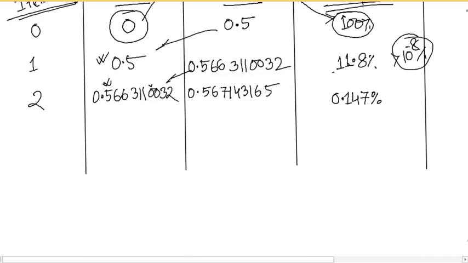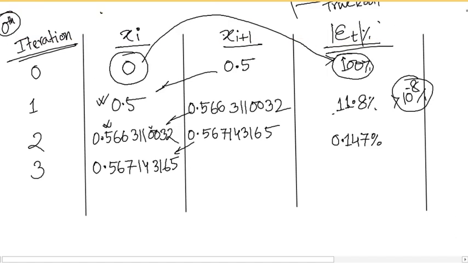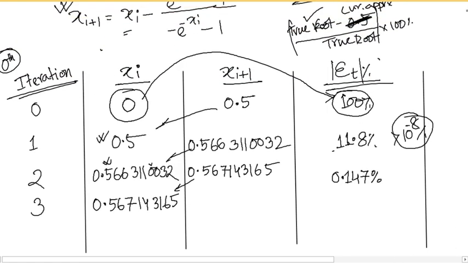Okay, so this value will be going to the next iteration to check whether it converges or not and whether it satisfies the criteria. Using this value, and this is more close to the original true root, if you can see here.